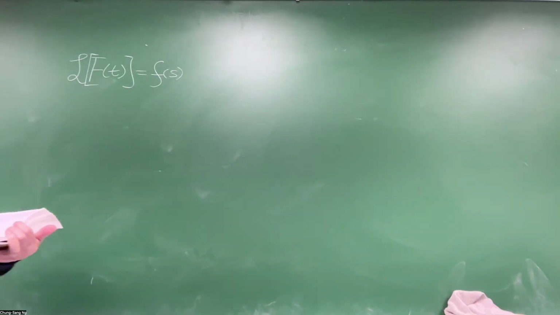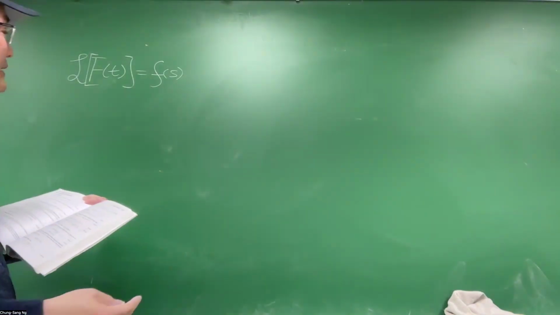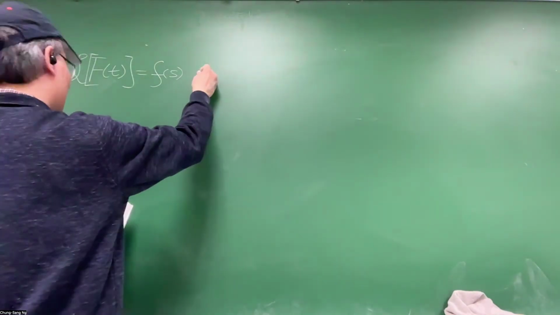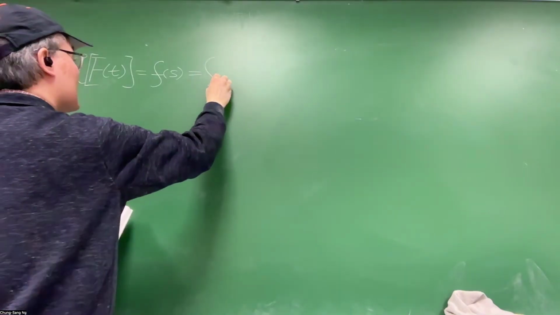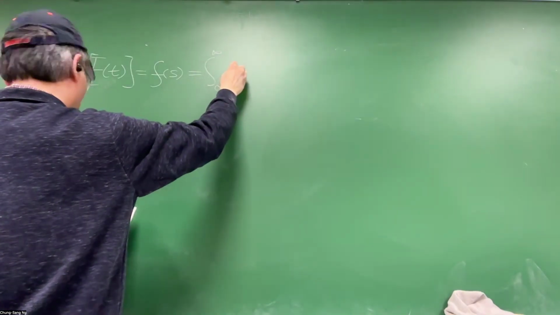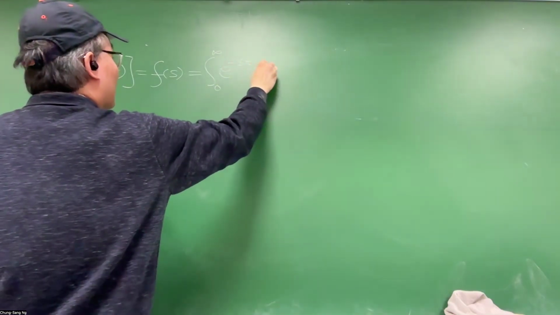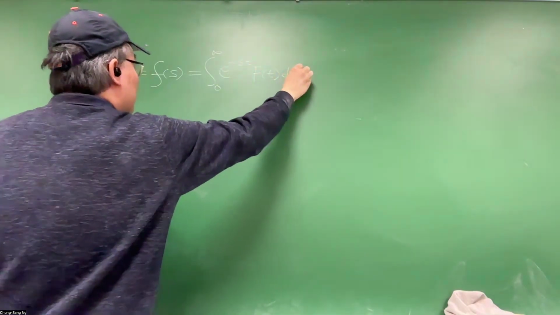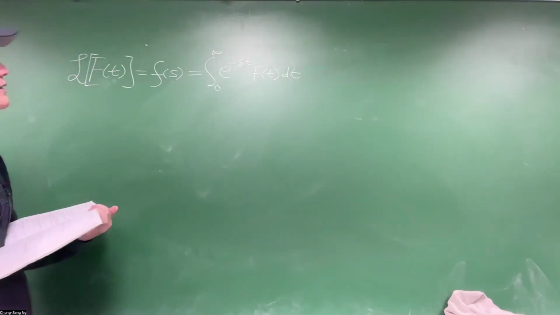That's the choice of the textbook. Many textbooks use the variable p. It doesn't matter. It's just a variable. And it's defined as integrating f(t) e to the minus st dt.